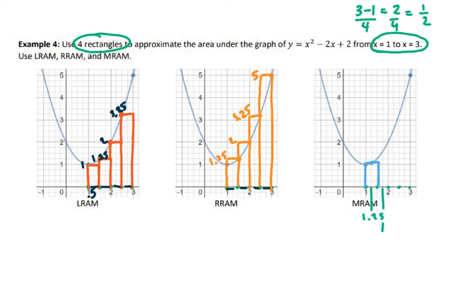Then the midway point between 1.5 and 2 is 1.75. So that would be what we would base this height on, which again is not looking pretty. And then the midpoint of this next one would be 2.25.